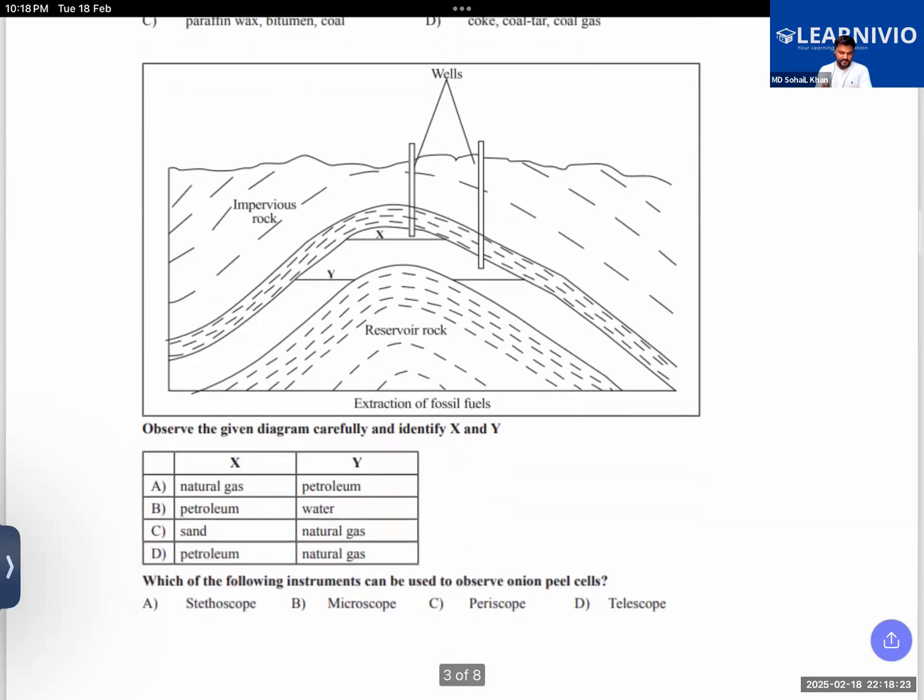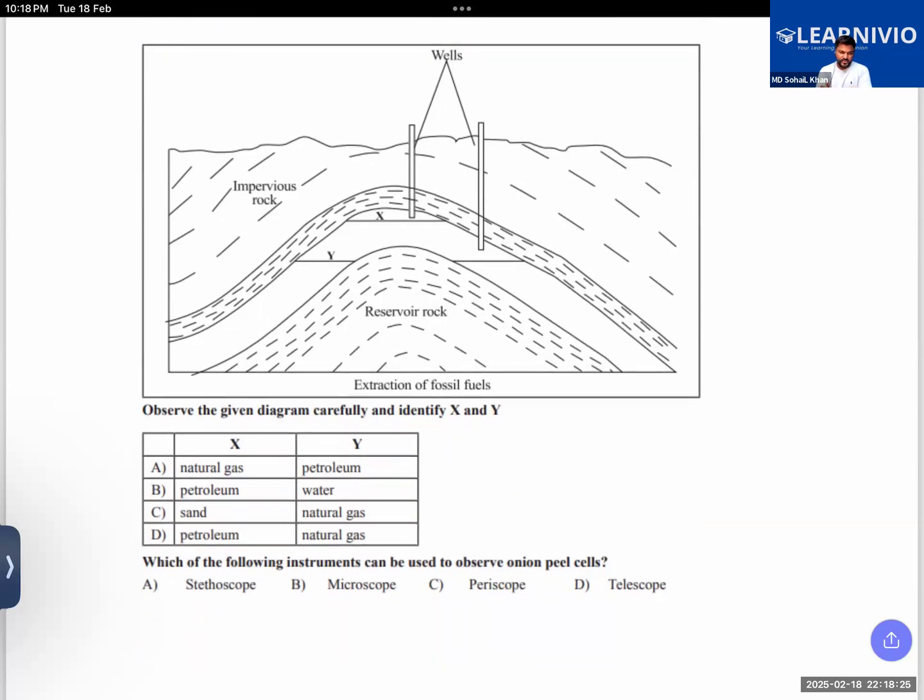Now observe the given diagram and tell me what is going to be X and what is Y here. What could be X? X is natural gas. Y is water?